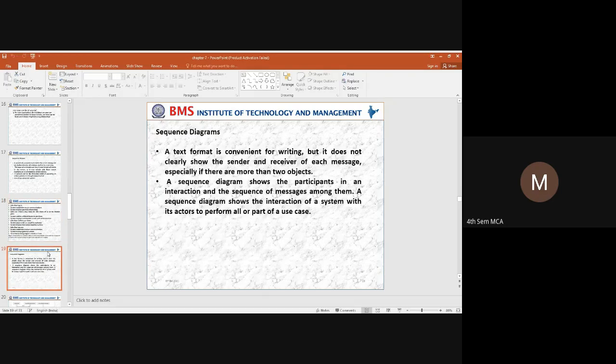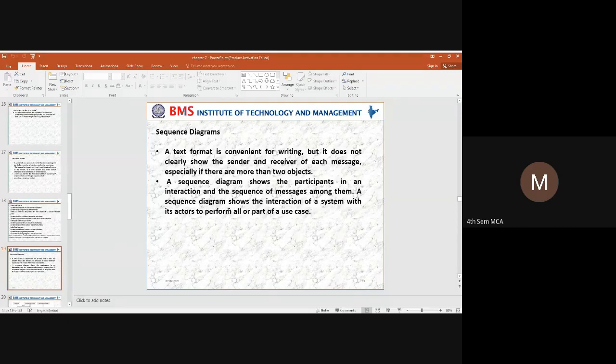It can be in a text format, which can be written for convenience. For example, there will be two objects: one is a sender and one is a receiver. The sender is going to send a message, and the receiver object is going to accept the message and send it in the form of an acknowledgement. These exchanges of messages can be done with respect to the sequence of execution of the events.